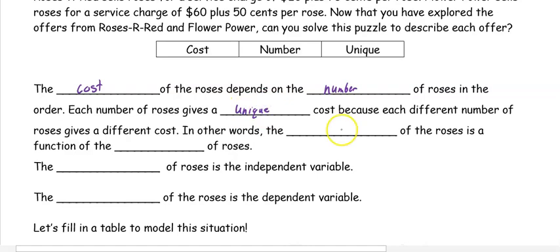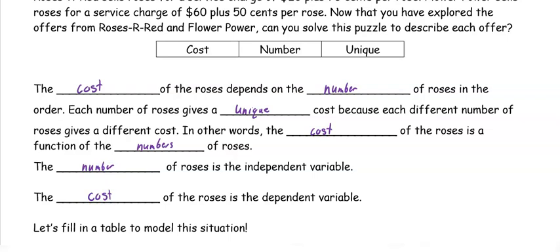In other words, the cost of roses is a function of the number of roses. That's just another way of writing a dependency statement, which makes our independent variable the number of roses, and our dependent variable the cost of roses. Using this, we can fill out a table to figure out how much roses are going to cost depending on what we order.